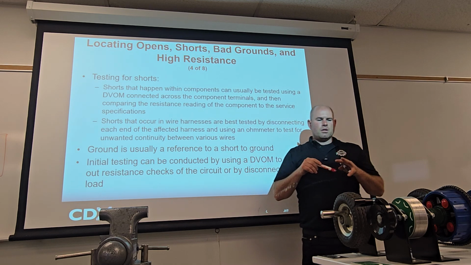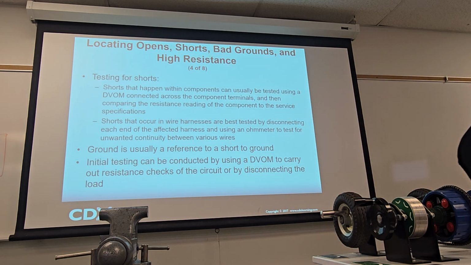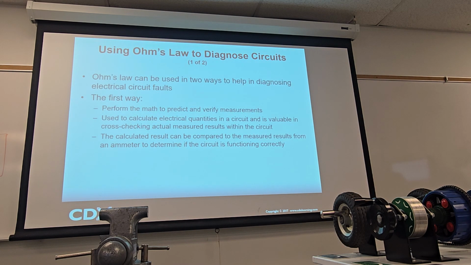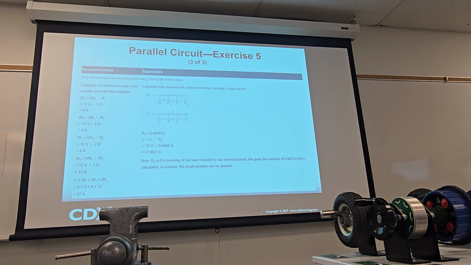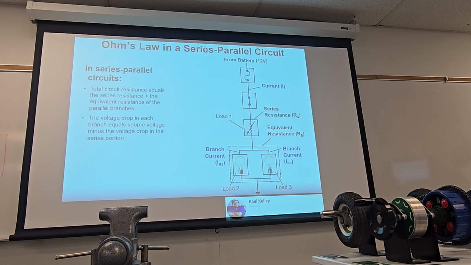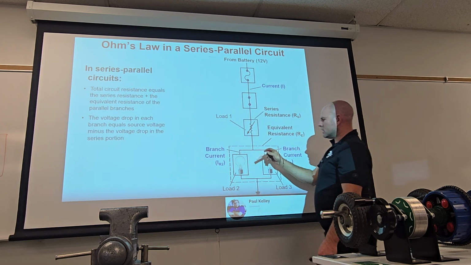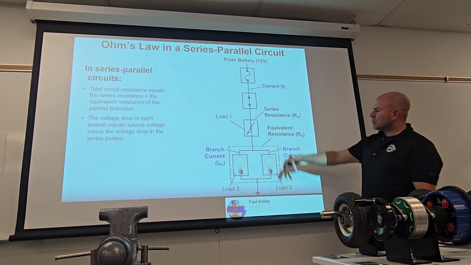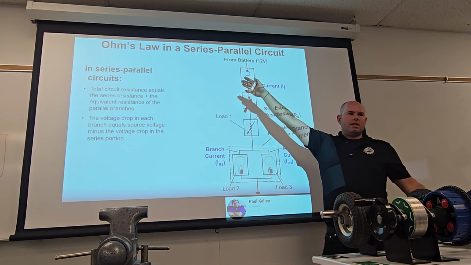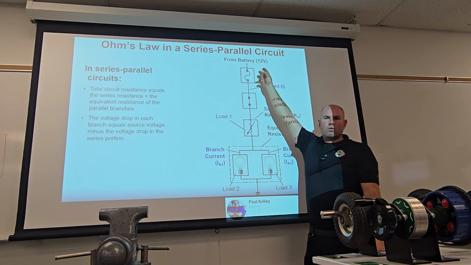Let me simplify that for you, because that one's kind of tricky. If I were to go back to that circuit, my favorite one, if I were to disconnect the 12 volts, disconnect the ground, this circuit should be in total isolation, right? Should it be connected to 12 volts anymore?